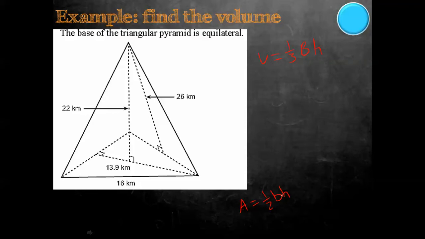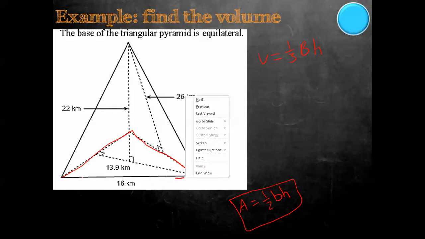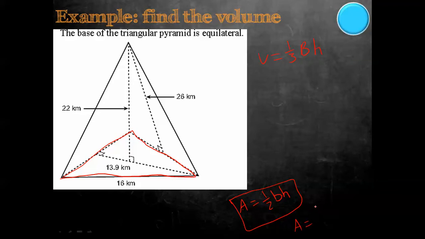And when we're talking about this formula right here, we're talking specifically about this triangle, so we're not talking about any other part of the pyramid. Now, this is not a right triangle, because look here, we don't have any right angles on the edges. It says that this triangle is equilateral, so that means that this is all 16 kilometers.